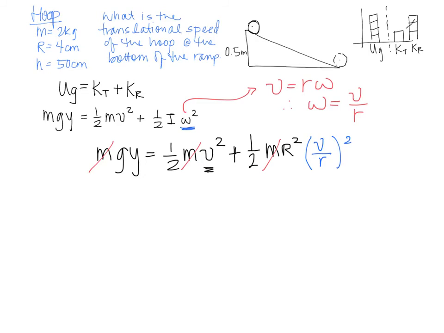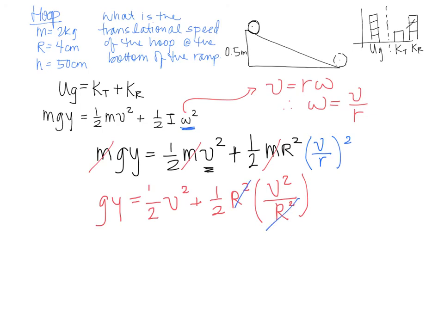So we'll have gy is equal to 1/2 v squared plus 1/2 r squared times v squared over r squared, so that cancels out nicely there, right? So this r squared and this r squared cancel out there.